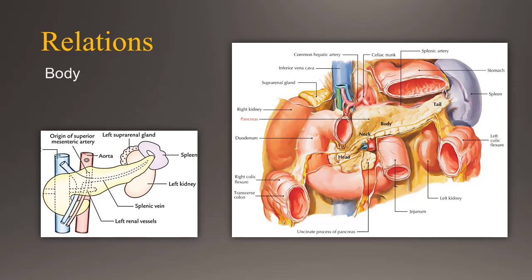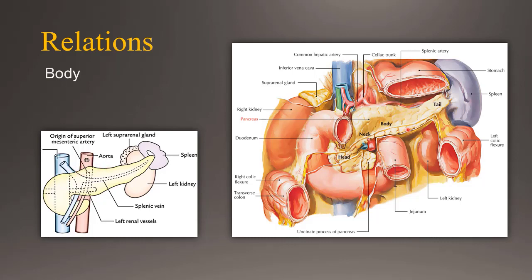Its upper border is related to splenic artery, and near the origin of the splenic artery, which goes to the left, and common hepatic artery, which goes to the right, the upper border has an elevation. We call it as tuber omentale. You can see it here.